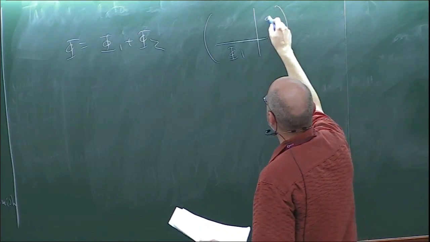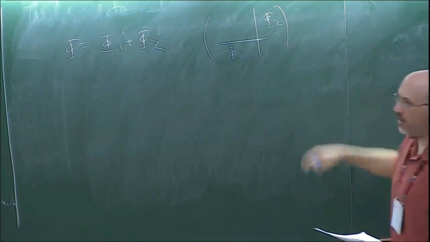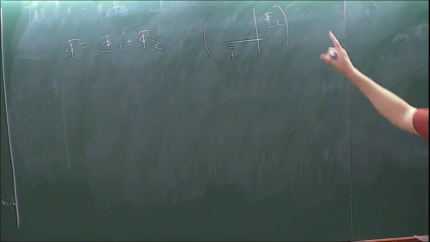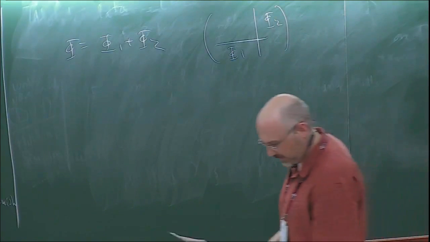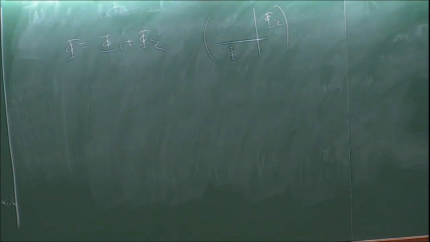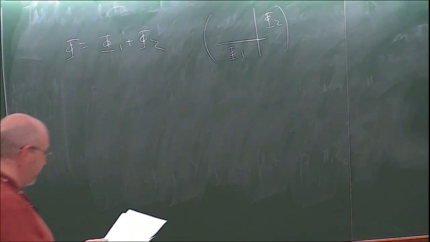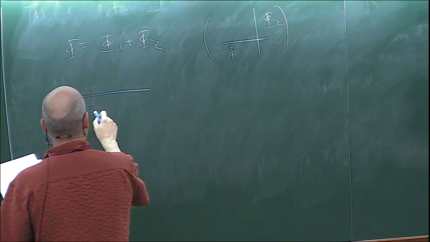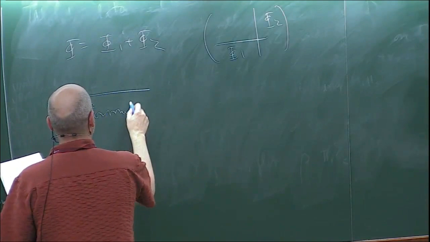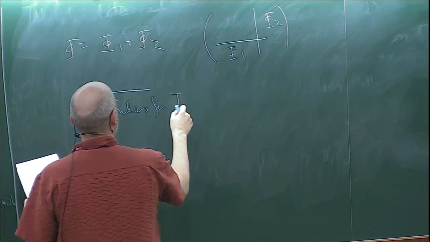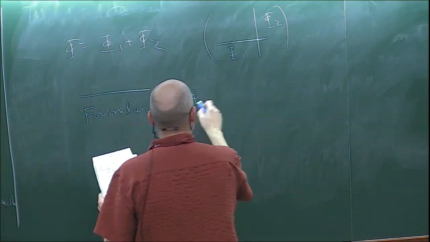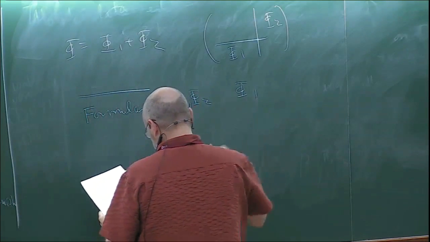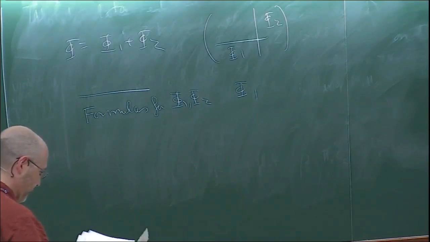I'm going to write them here, and I may have to switch them. And there's also a nice formula here. We have formulas for phi1 and phi2. Let me look this up.